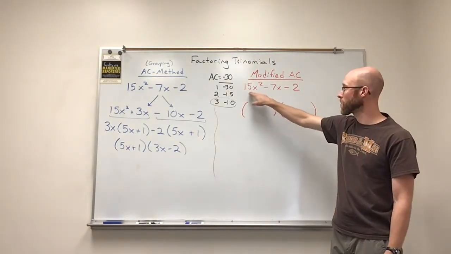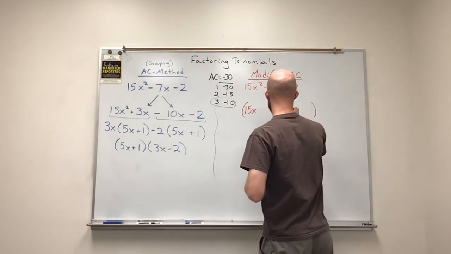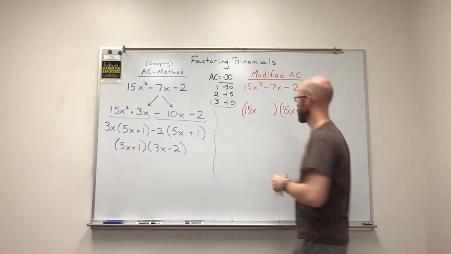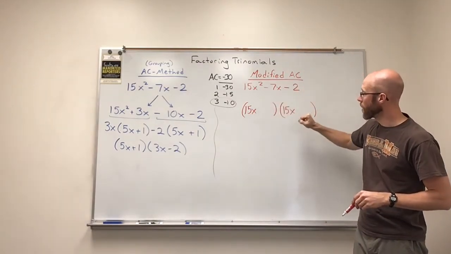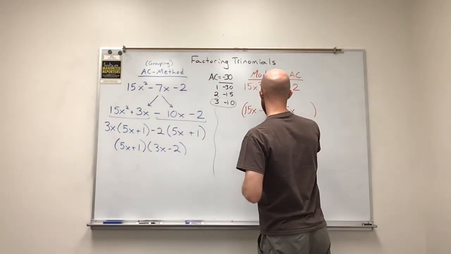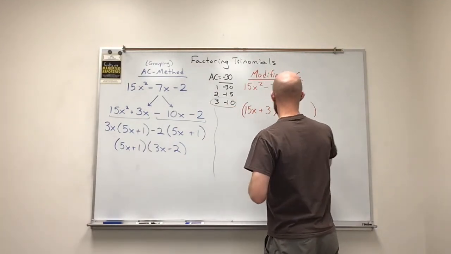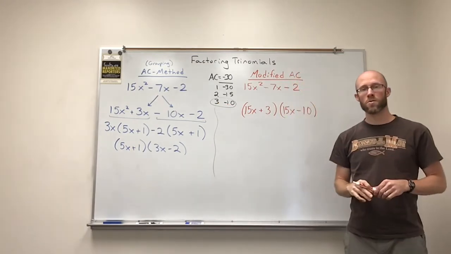So my first term is 15x squared, so I'm going to do 15x for both first terms, okay? Then I'm going to put the plus 3 and -10 in the parentheses with those 15x's.